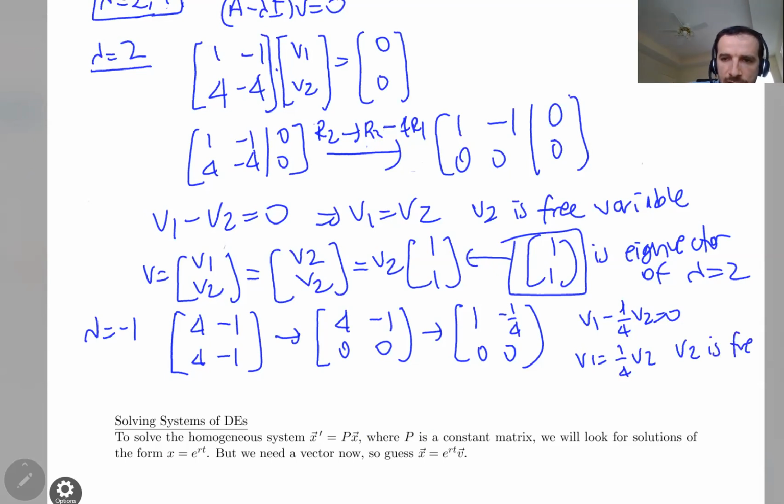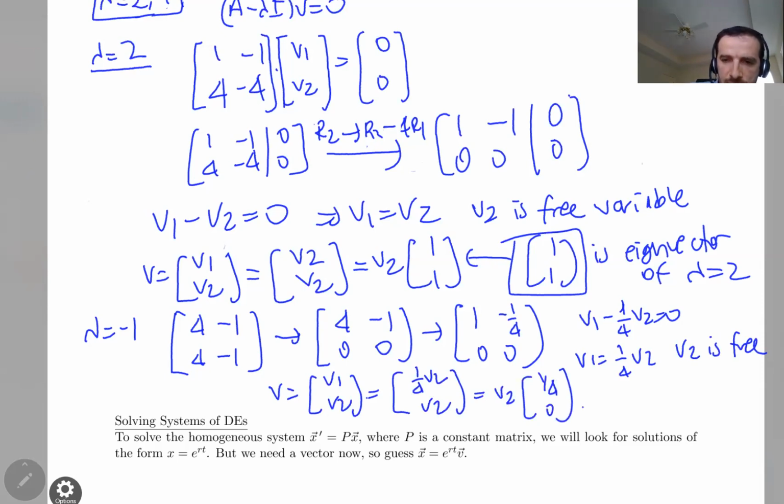Okay, so I can write the eigenvector then as v1, v2, and v1 is 1 over 4 v2, v2, and I can factor out v2: 1 over 4 comma 1.